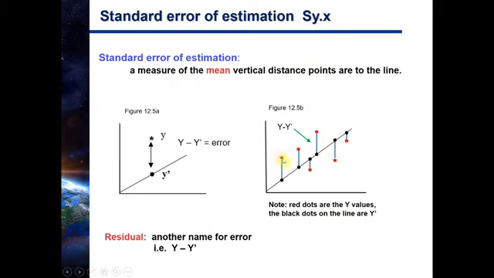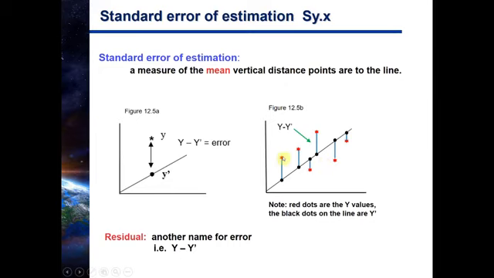That's possible that they'll fall on the line. Sometimes your actual values of y will be a far distance away from the line, and sometimes they'll be pretty close, right? What we can say is that this line here was drawn in such a way that the average or the mean vertical distance points are to the line is minimized. It's as small as it possibly can be.